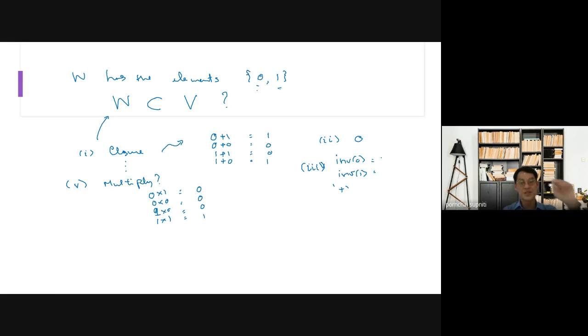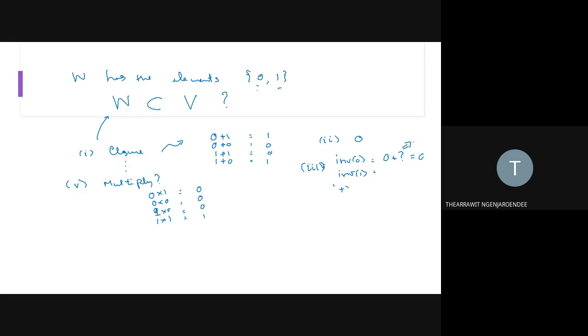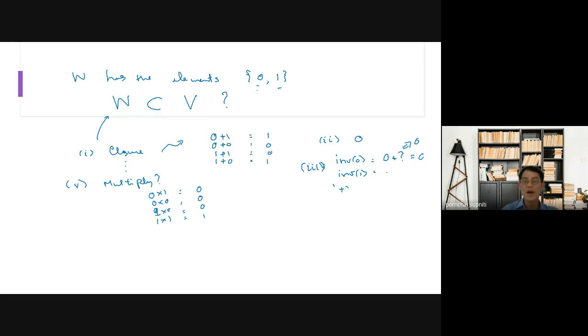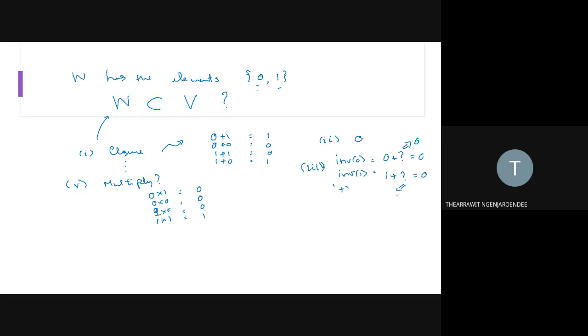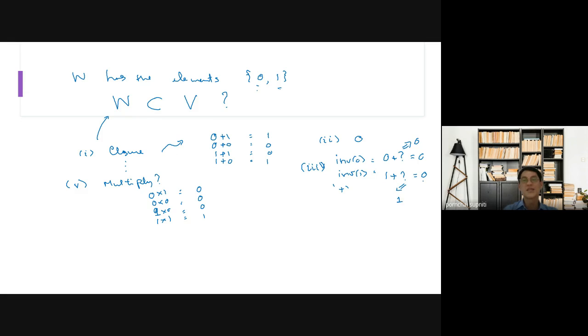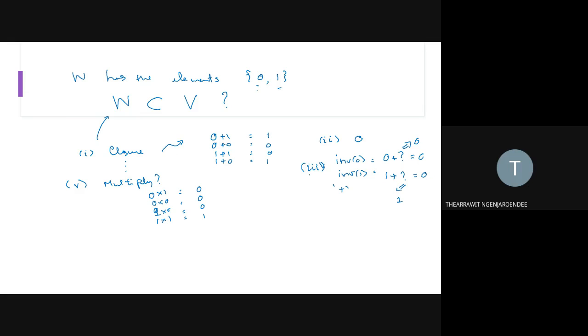Meaning 0 plus what gets 0? Second? 0. Exactly, yeah. How about 1? 1 plus an inverse to get 0. So what is the inverse? Not minus 1, but 1, because this is XOR. So you can look here.